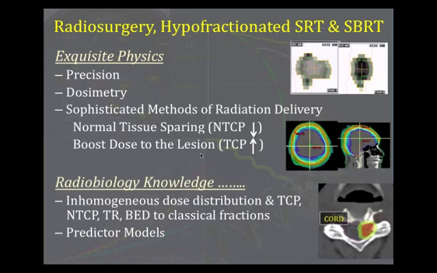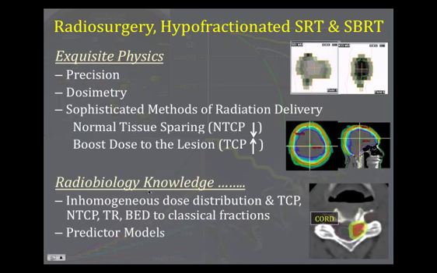But how are we in regards to radiobiological knowledge? We are lagging behind. So we don't know the effects of inhomogeneous dose distribution. Everything I discussed with you is assuming that the entire organ is receiving a homogeneous dose and it's being completely irradiated. But here, in the case of a spinal lesion, the cord, just a portion of the cord is getting an inhomogeneous dose.